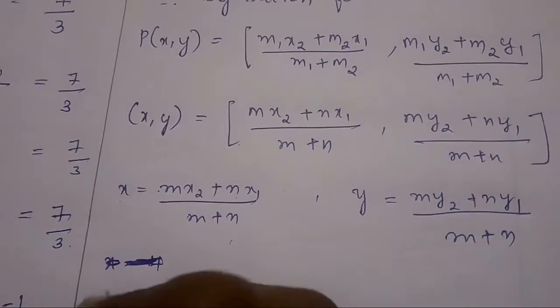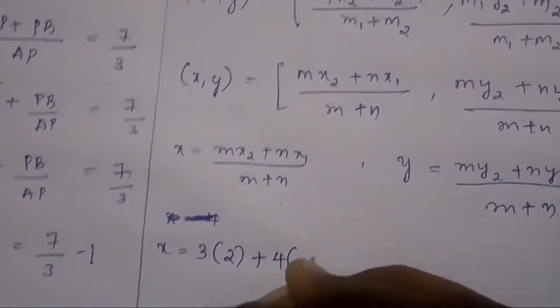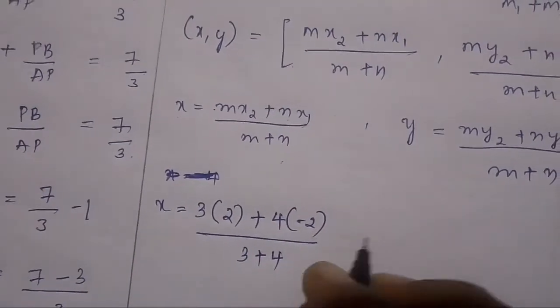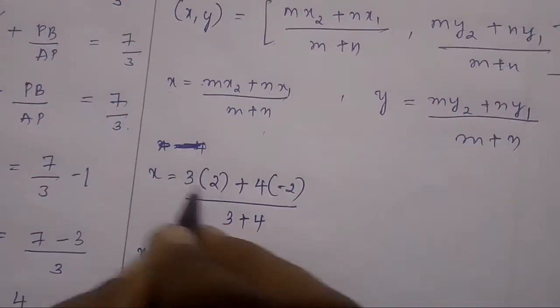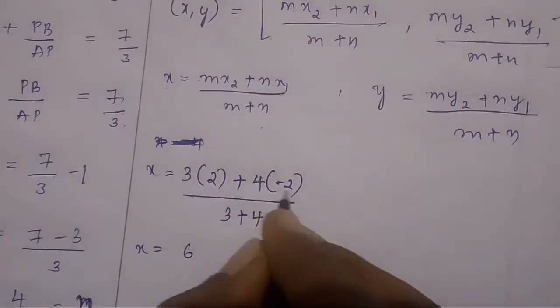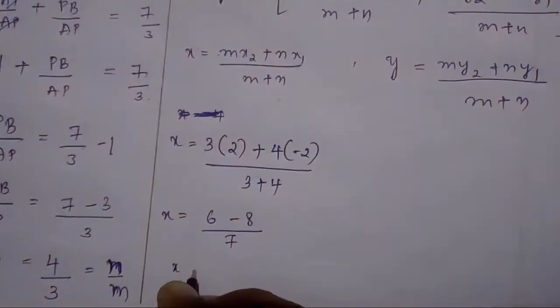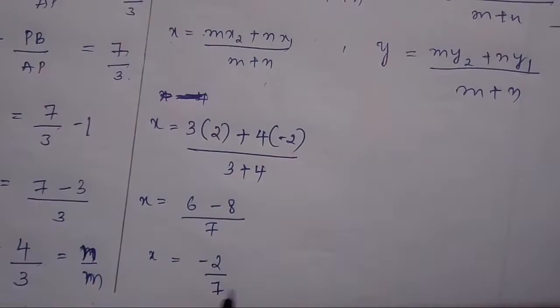Now x is equal to, value of m is 3, x2 is 2, plus 4 times of minus 2, divided by 3 plus 4. Now simplify this first. X is equal to 3 into 2 is 6, 4 into minus 2 is minus 8, divided by 4 plus 3 is 7, that is x is equal to 6 minus 8 is minus 2/7.